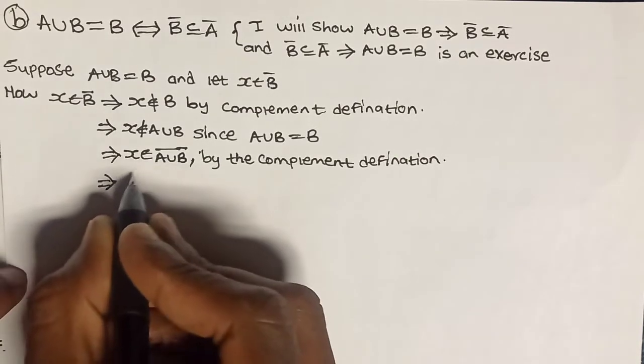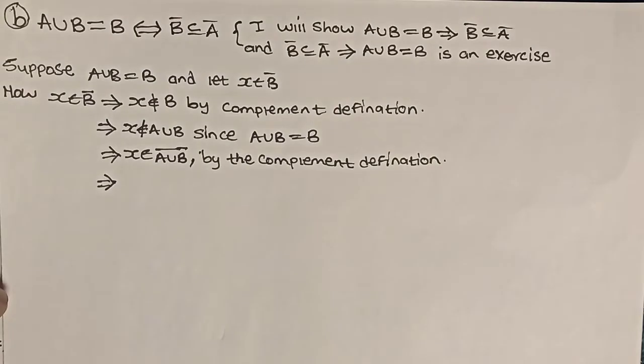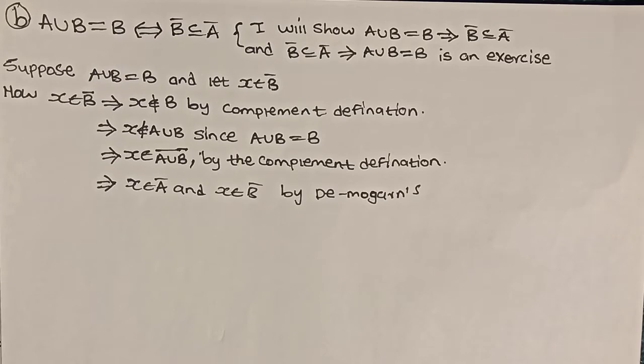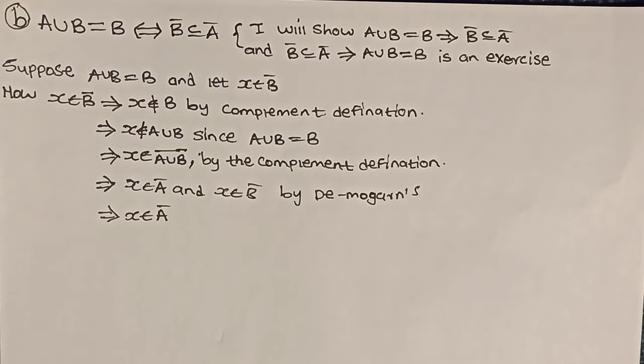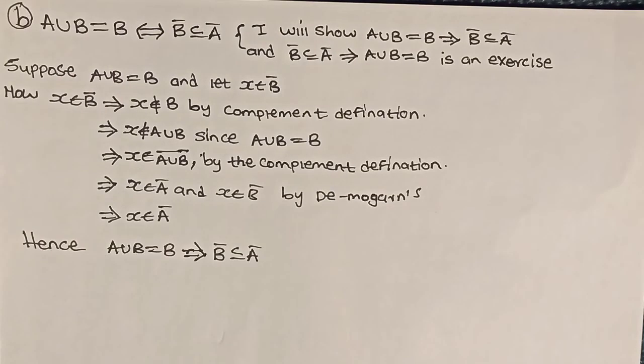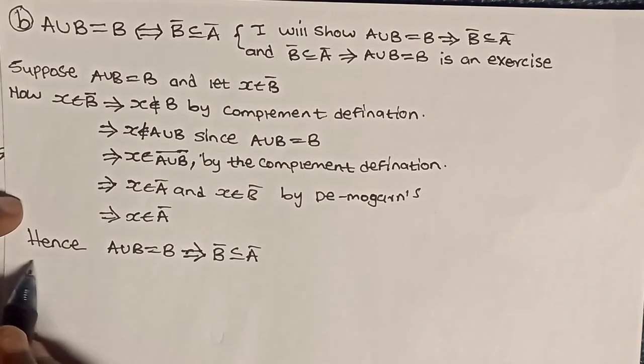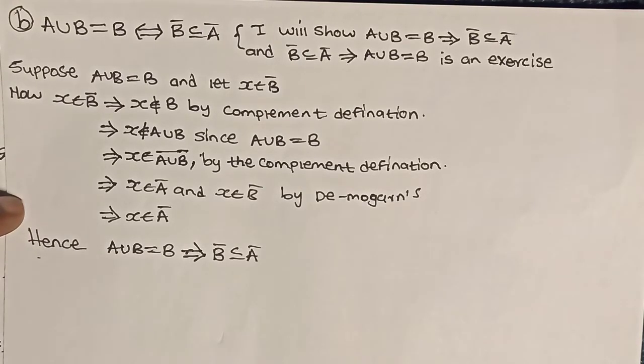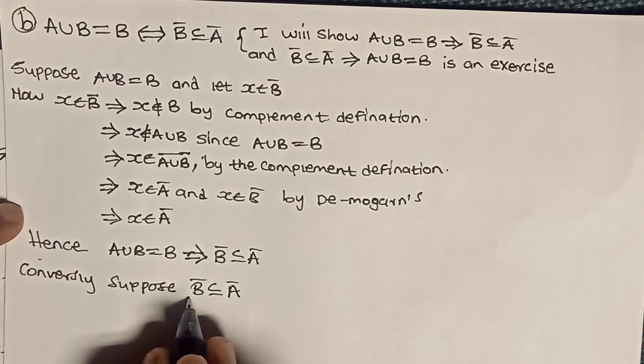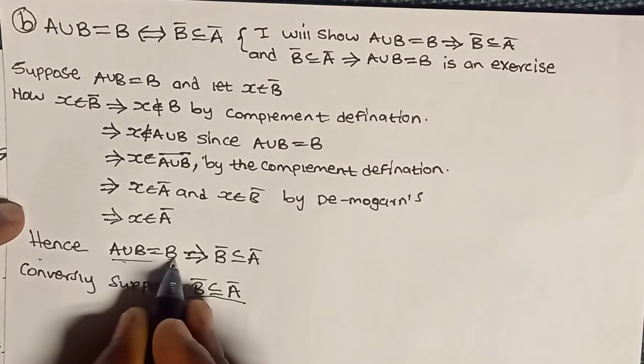So, X is in A complement and B complement by De Morgan's. So, X is indeed in A complement, and hence if A union B equals B, then B complement is a subset of A complement, because we have to show that if X is in B complement, it's also in A complement. So the converse part will be left as an exercise. So you'll take it from here back to here.